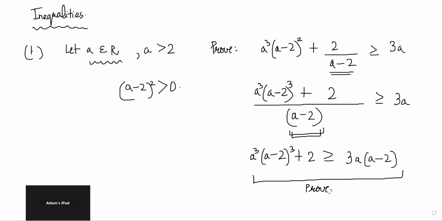Now you can think of one simple thing. You can see here there is A into A minus 2, and here also there is A into A minus 2. So let's call B a new variable, which is A into A minus 2. So the left hand side becomes what? B cube.